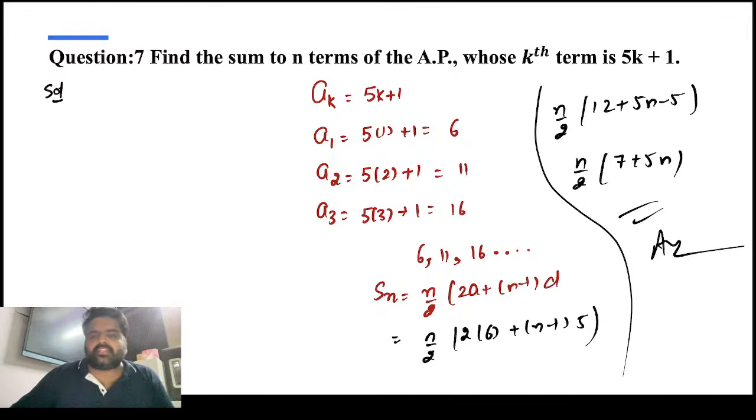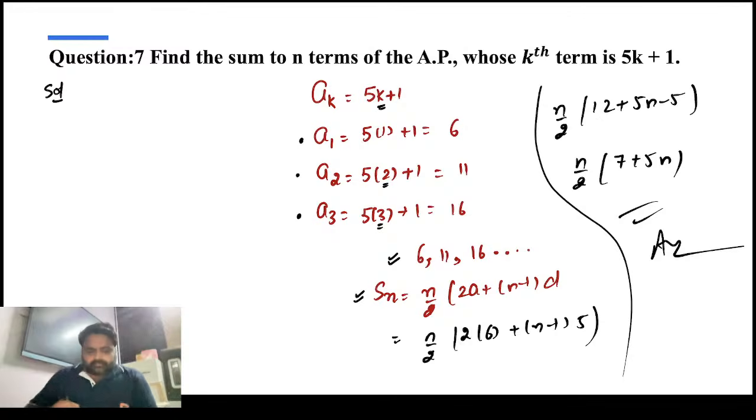First of all put k equal to 1, then k equal to 2, then k equal to 3. We get a1, a2, a3, right? And if a1, a2, a3 are there, this is an AP. So if we want to calculate the sum of n terms, put the values in the formula and we get the result. Hopefully things are clear.